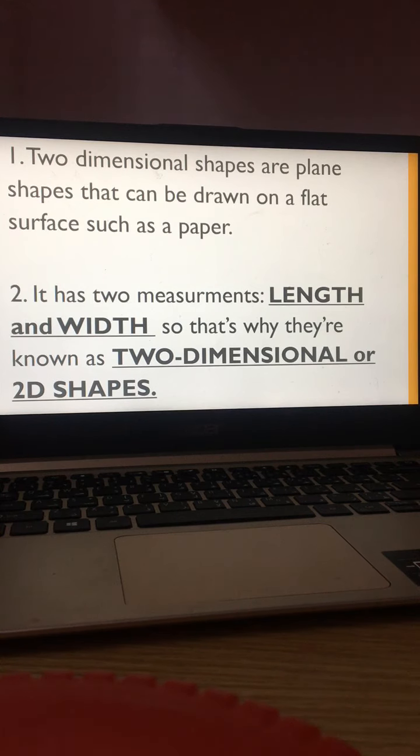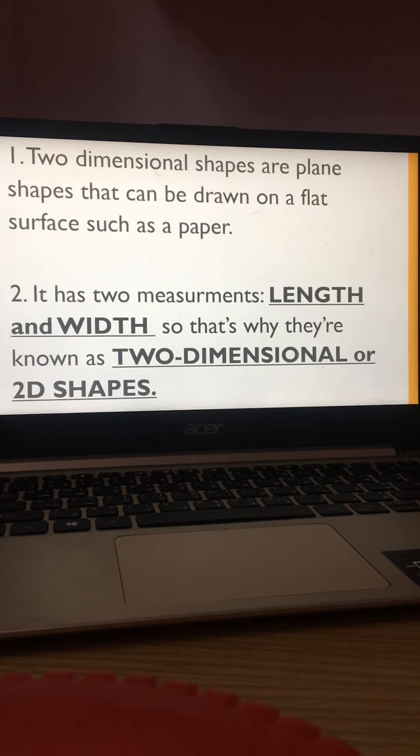Now, first, let's talk about the two-dimensional shapes. We are going to talk about the characteristics of the two-dimensional shapes. Two-dimensional shapes have two characteristics.